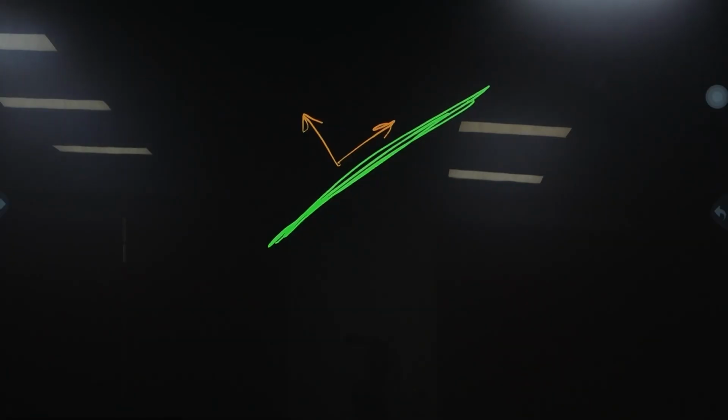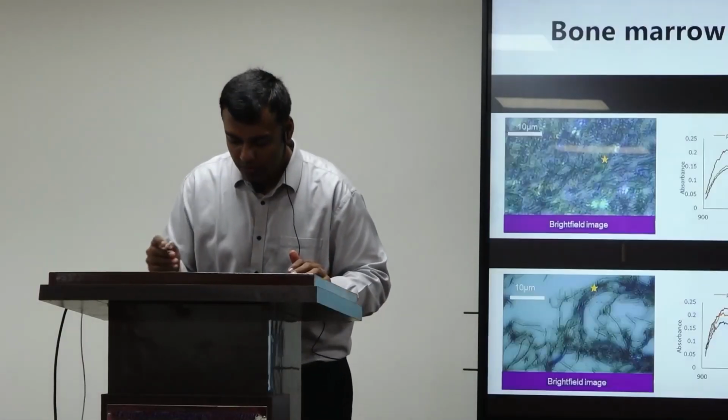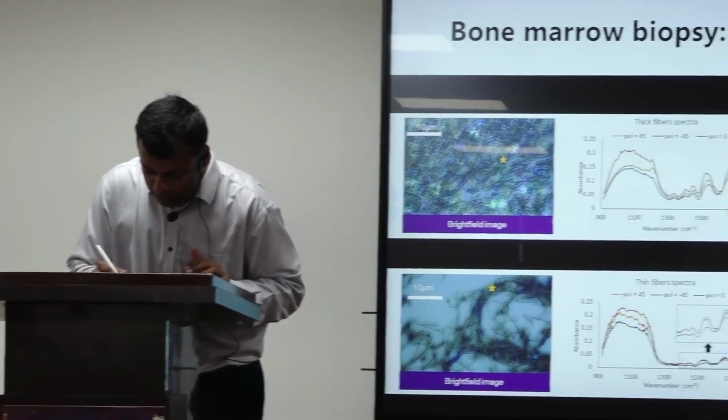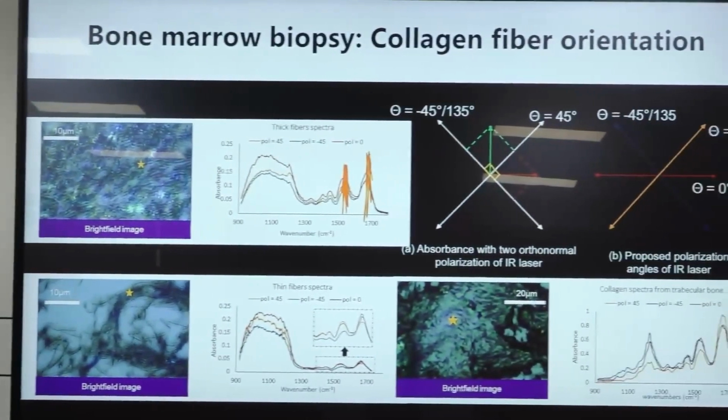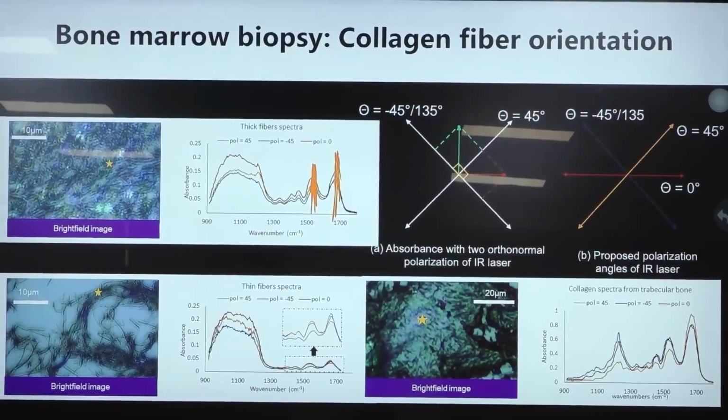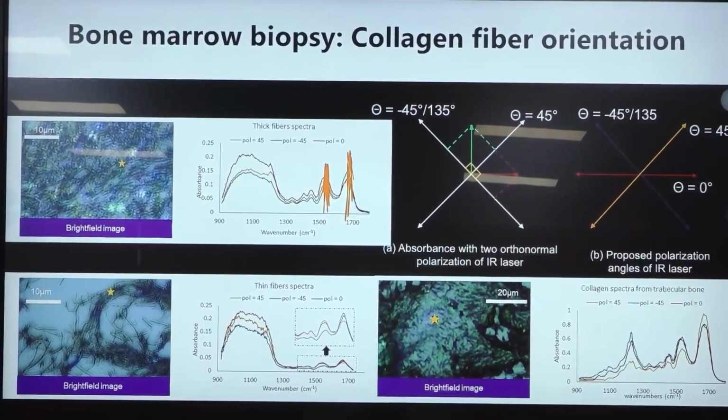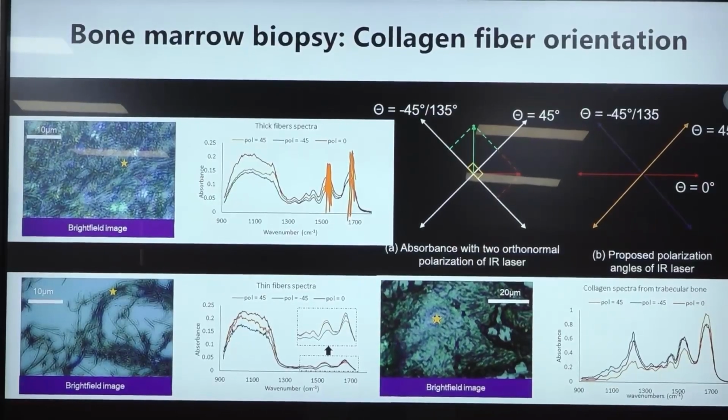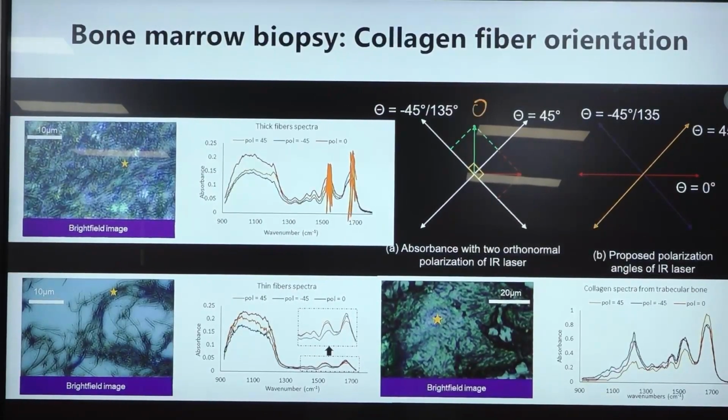If the electric field is along one direction, it will absorb in one way. It will absorb less in the other direction. And for two different wavelengths, this property is different. So what you do is make a measurement at one wavelength, and another measurement at another wavelength, at all these different polarizations. We made measurements at 0, 45, minus 45 degrees.